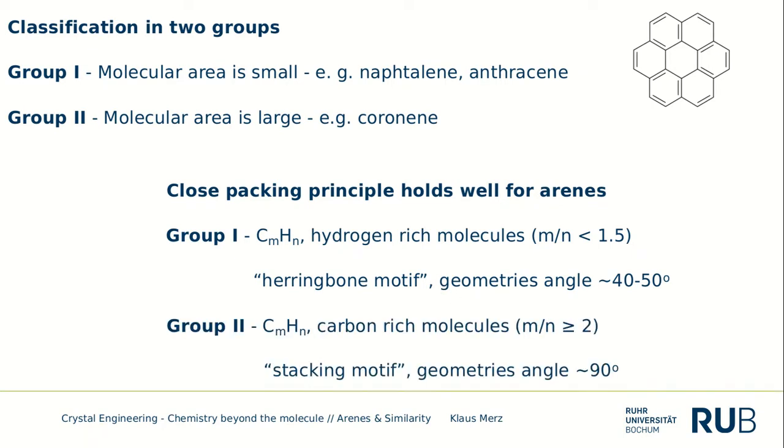And I will show you a little bit later what it means. And the second group is if you look at the ratio bigger than 2, then you will find a stacking motif, geometry angles roundabout 90 degrees.